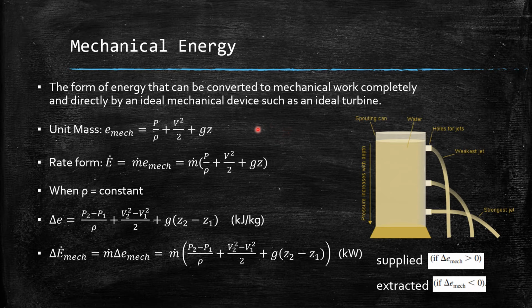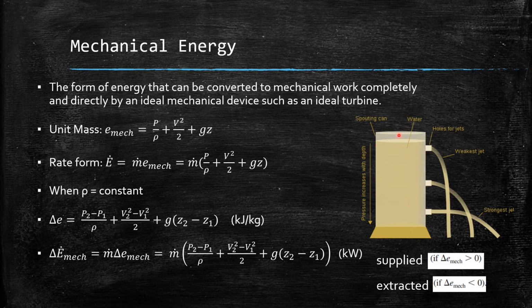The kinetic and potential energies are the familiar forms of mechanical energy. Thermal energy is not mechanical energy, since it cannot be converted to work directly and completely, as stated by the second law of thermodynamics.